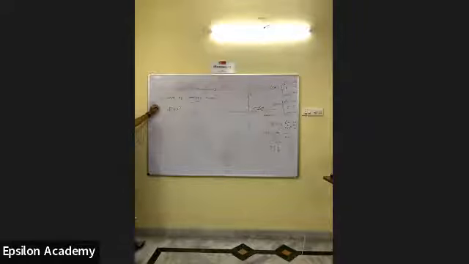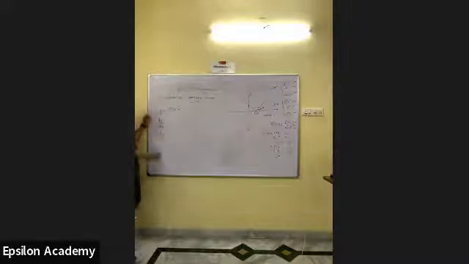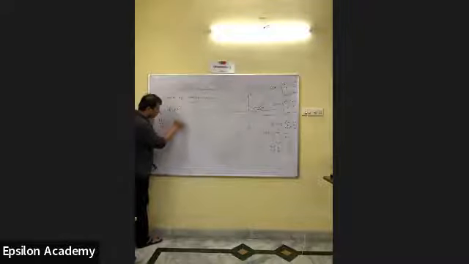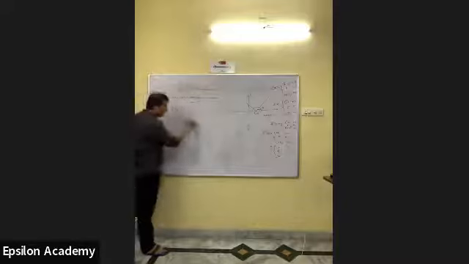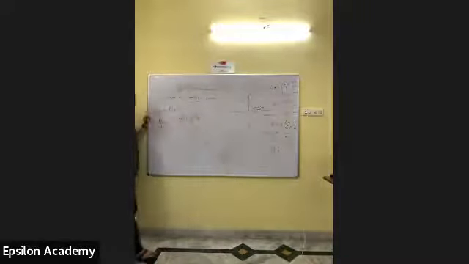Okay. So if you have f of g of x as the function y, then dy by dx is like this: f dash of g of x into d by dx of g of x.